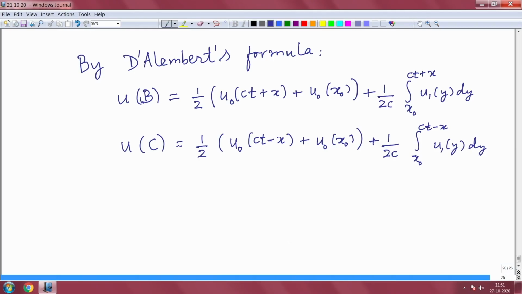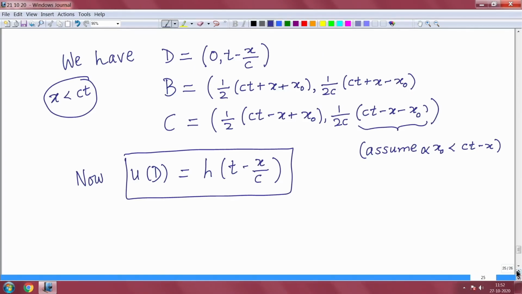So we have found the solution at all these three points. u of d is provided by the boundary condition, and at b and c it is D'Alembert's formula that provides the solution.